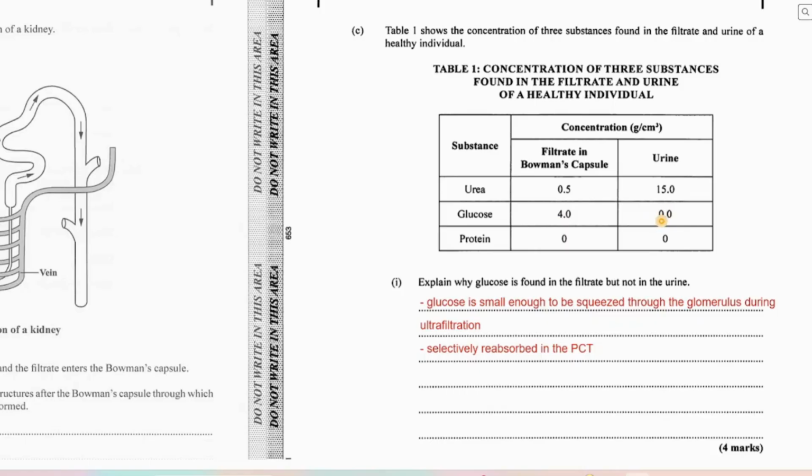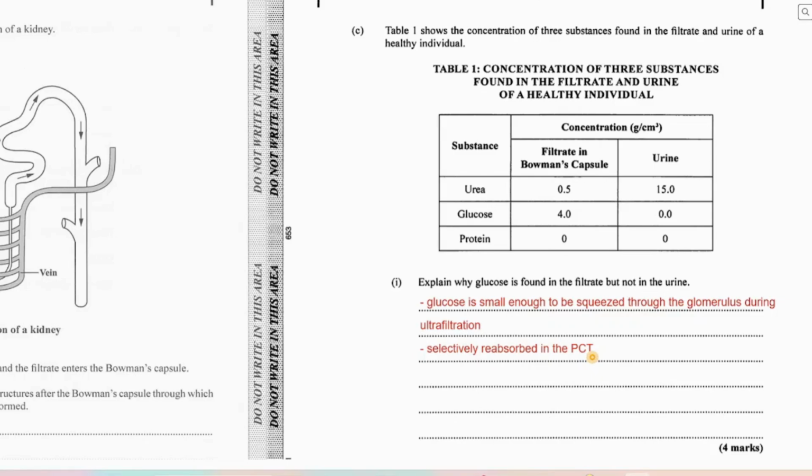But then the urine, which is completely formed when it gets to the collecting duct, you don't have any glucose there. But way before the collecting duct, you are not supposed to have any glucose, and that is because the glucose is selectively reabsorbed through the process of active transport at the proximal convoluted tubule.